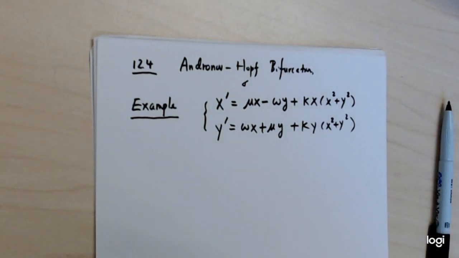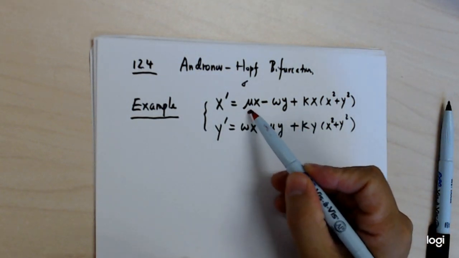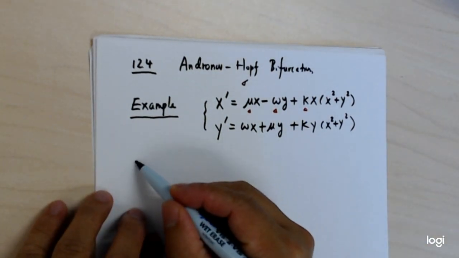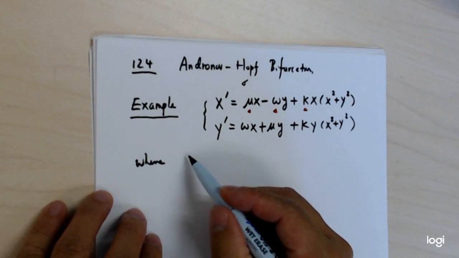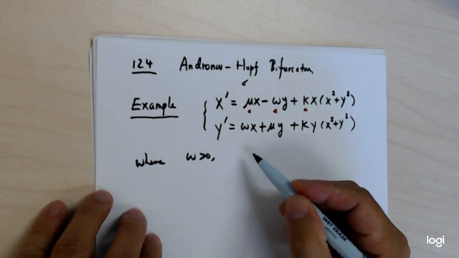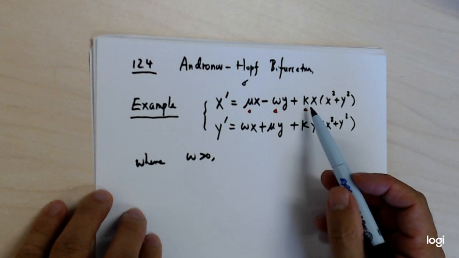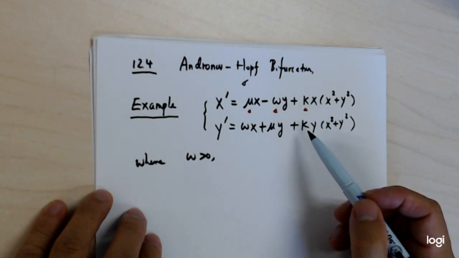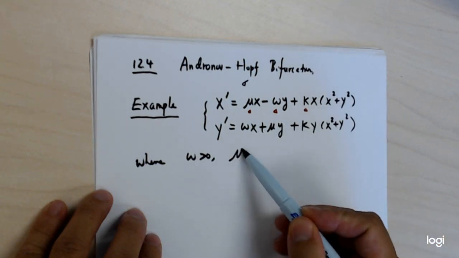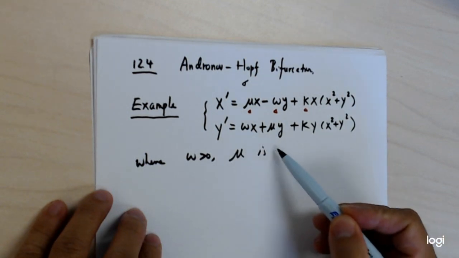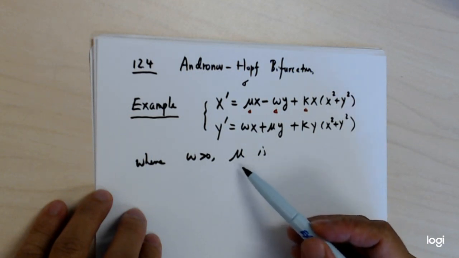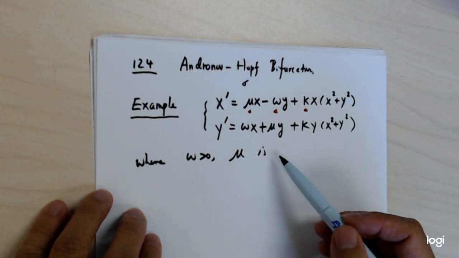There are quite a few parameters here. We have mu, we have omega, we have the k here. In this example, let's say omega is some positive parameter. K is another constant, it can be positive, can be negative. The mu is our bifurcation parameter. In other words, we're going to find out what are the different behaviors the system has if we change the mu.